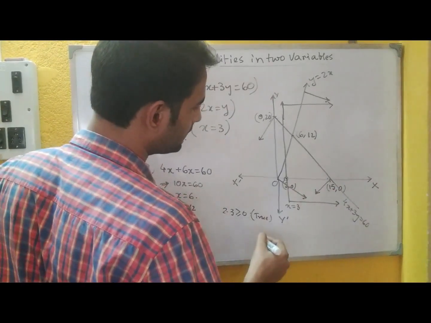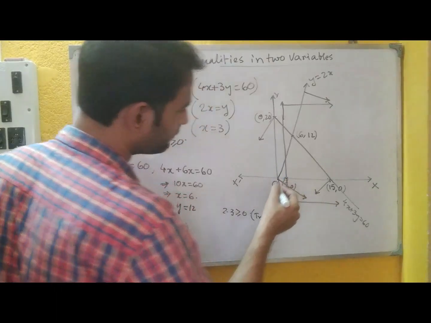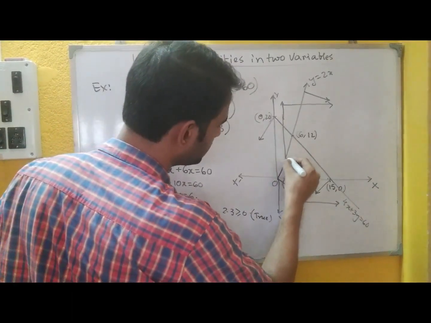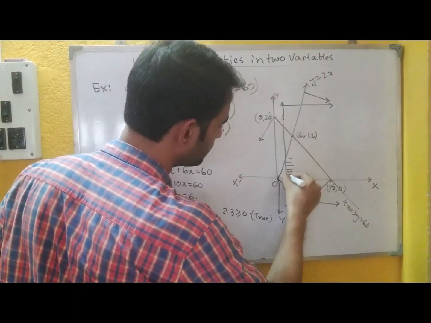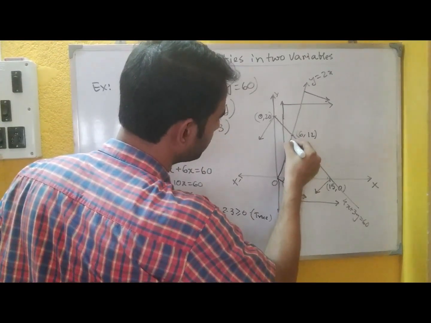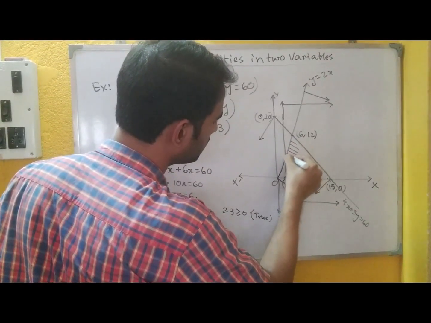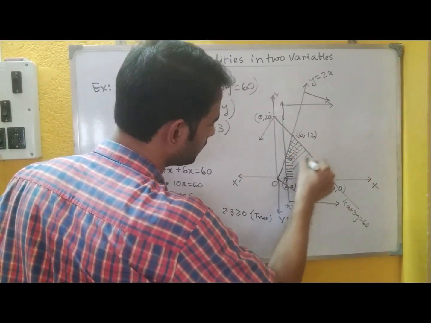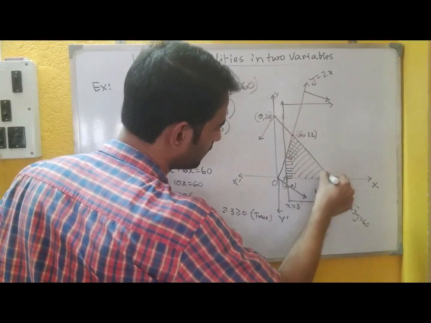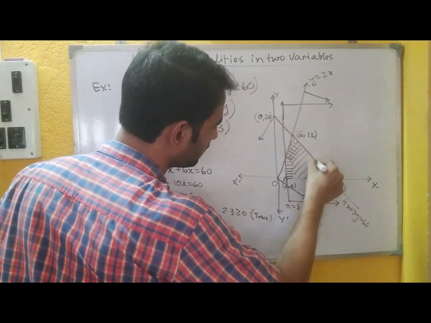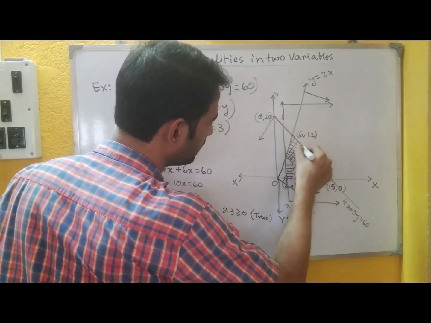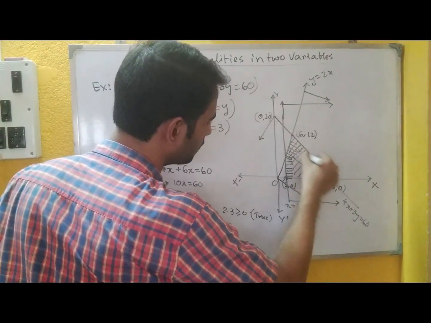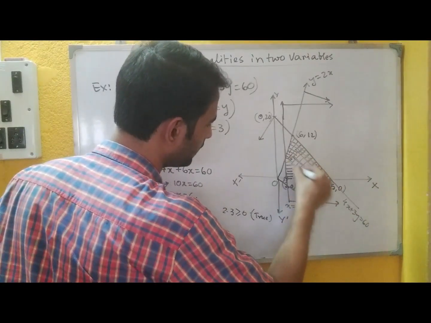So see which one is the shading, which one is the common region. For this line we will go in this direction. For this line we will go in this direction. And for this line we will go in this direction. So this quadrilateral here will be the common region for all the inequalities.